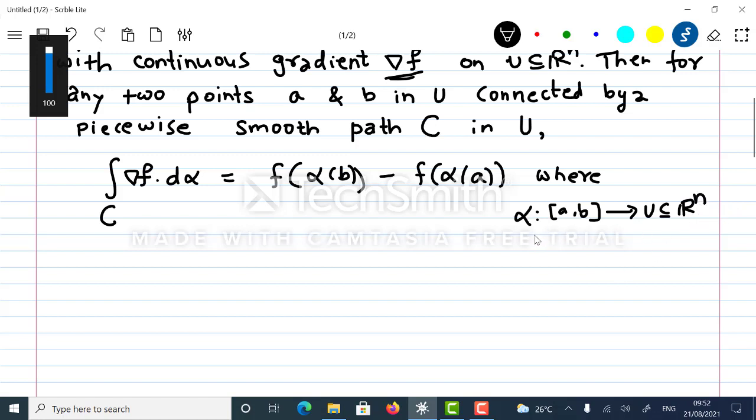Right. So what is alpha? Alpha is a parametrization for C.